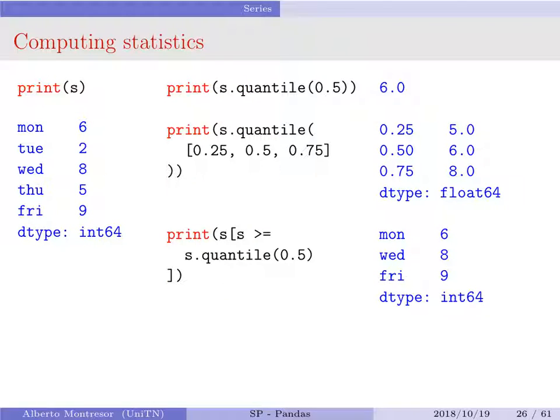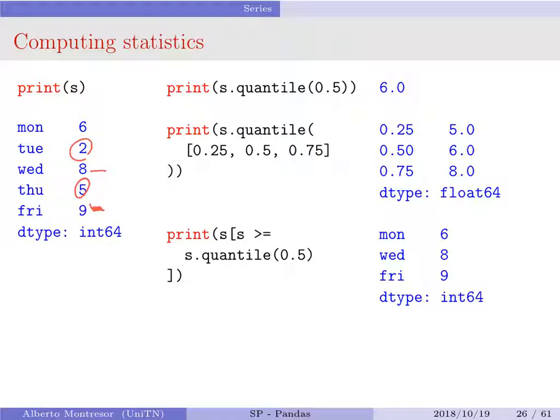You can also get quantile information. So for example, you could ask what is the value in the median, and this is the 0.5 quantile, and this is 6.0, because you see it is 2, 5, 6, and then 8 and 9, okay? So that's okay.